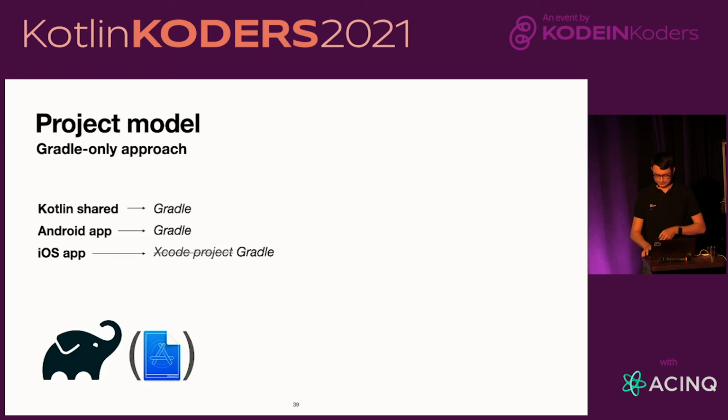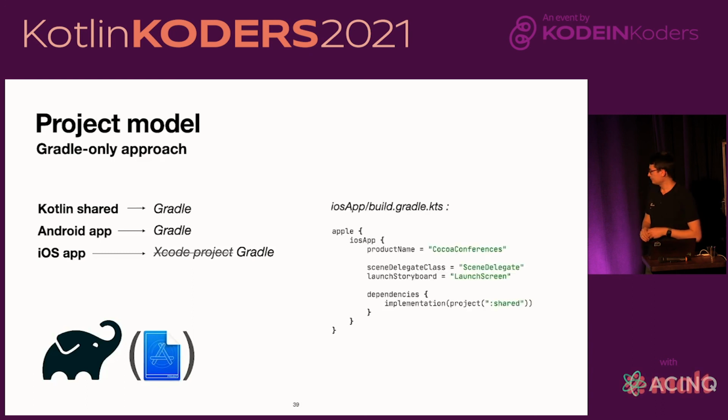And it's possible with the Gradle extension we wrote as well. It's Apple Gradle plugin. And there you can configure your iOS target. So it's like these properties are very similar to what you see in your Xcode project build settings. You can configure also dependencies and many, many more.